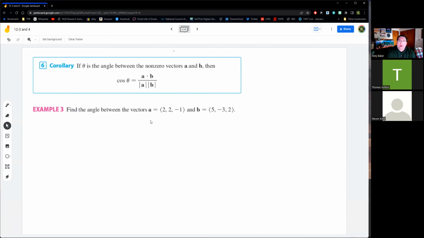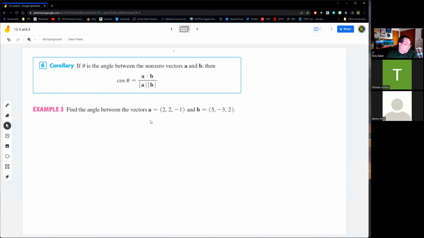So if I shift it around a little bit, I get the cosine of theta equals the dot product divided by the length of A and the length of B. So this is how we can actually use this to figure out what the angle is between 2 vectors, which can be very helpful when we're looking at different physics examples, force and torque and a bunch of other little things. Well, we're going to look at force in this situation.